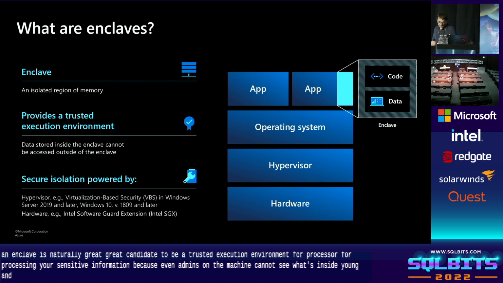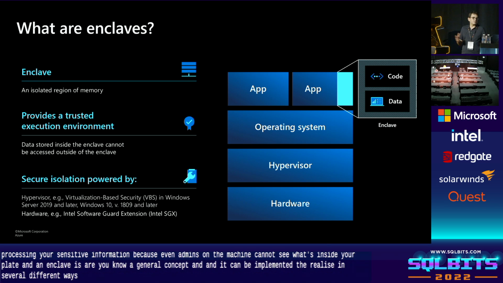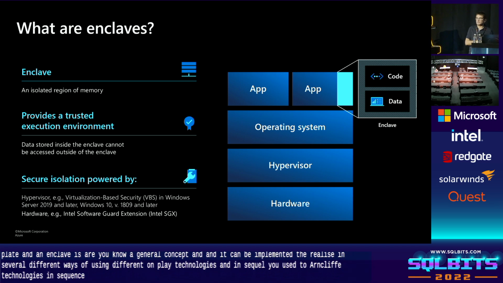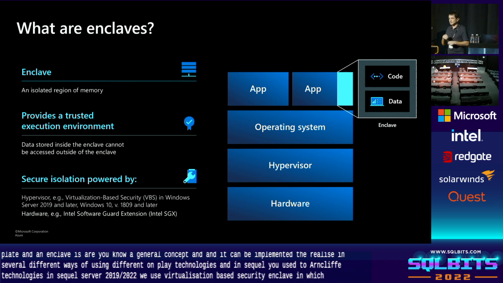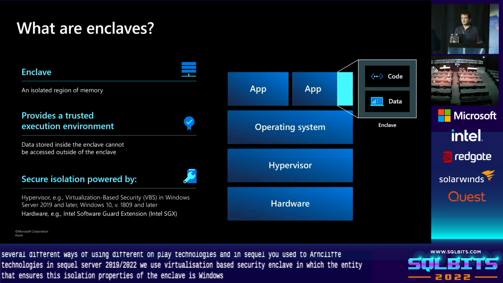And an enclave is a general concept, and it can be implemented in several different ways using different enclave technologies. And in SQL, we use two enclave technologies. In SQL Server 2019 and 2022, we use virtualization-based security enclaves, in which the entity that ensures the isolation properties of the enclave is the Windows hypervisor, okay?